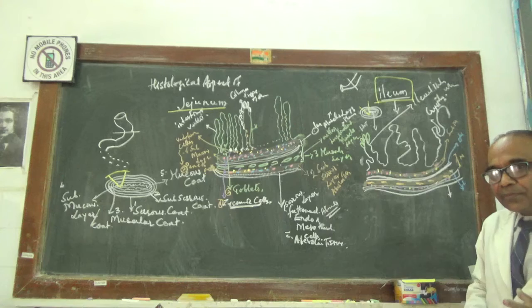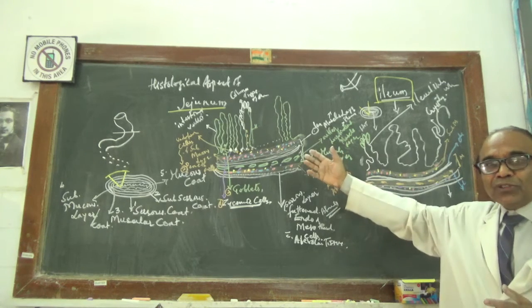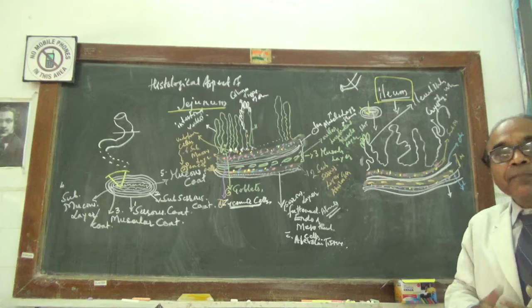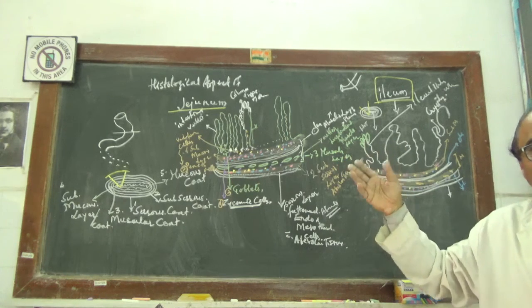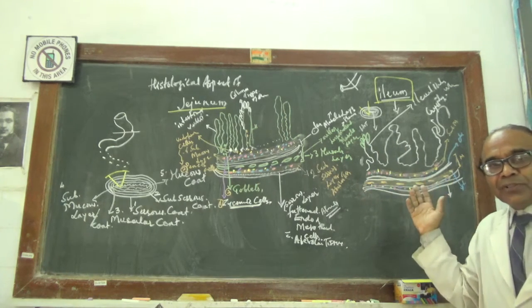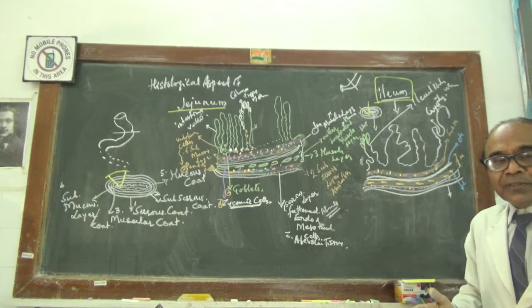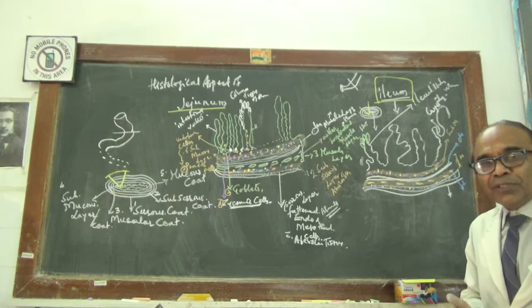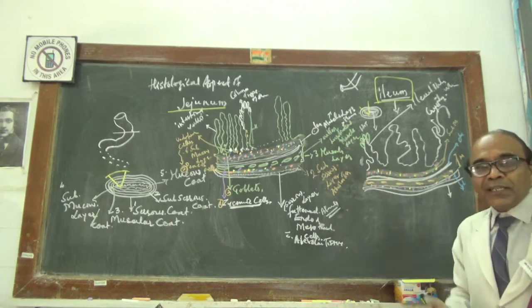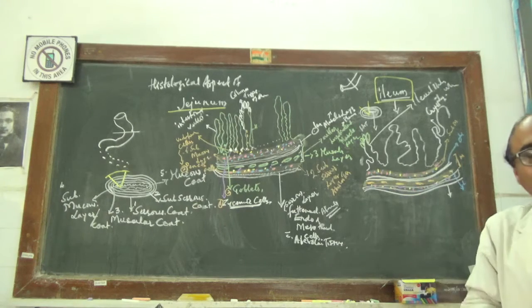Apart from that, the diameter of the jejunum is 4 cm, the diameter of the ileum is 3.5 cm. The jejunum is darker red in color, whereas the ileum is pale, because of more arterial arcades in the jejunum and less here.